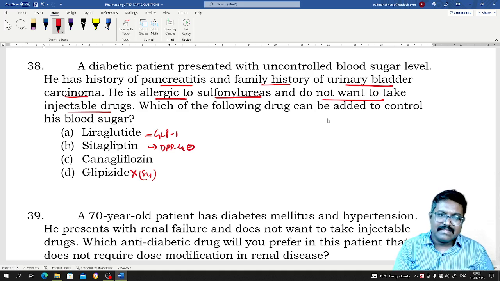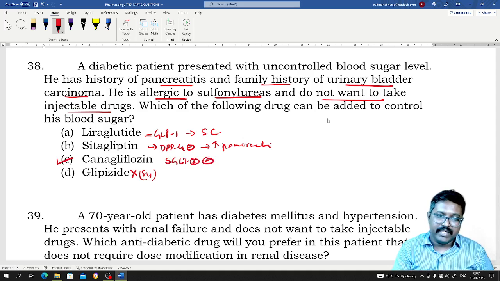All these drugs are given by subcutaneous route. Liraglutide is given subcutaneously, and sitagliptin has an increased risk of pancreatitis. So the best option here is canagliflozin, which is a sodium glucose SGLT2 inhibitor. Is that clear? Fine.